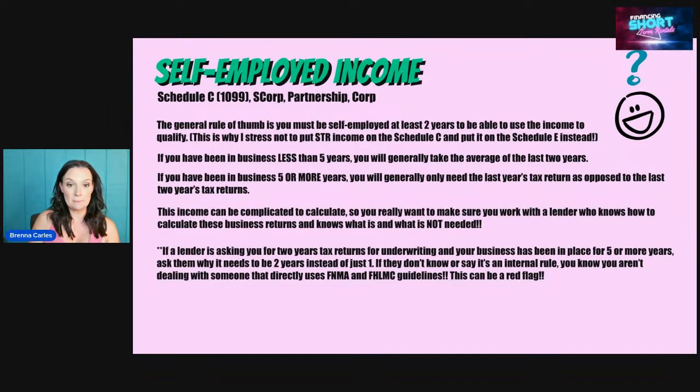So if you have any of the last three, you'll have a separate tax return than your personal tax return. So you'll have 2 tax returns if you have one business that is one of those last 3. Schedule C is actually on your personal return still, so you'll still only have 1 return if you just have a Schedule C.